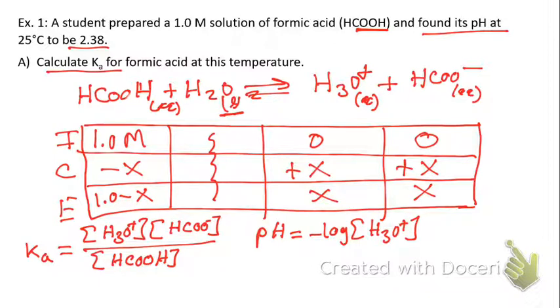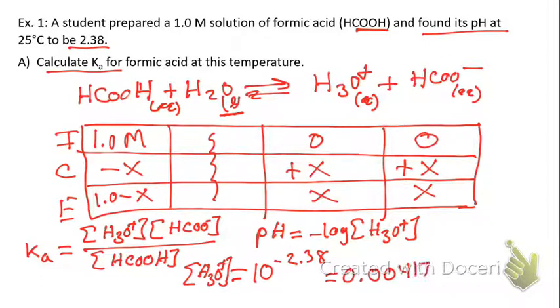So we can solve for the hydronium ion concentration using the pH equation by taking 10 to the minus 2.38. This is going to give us our hydronium ion concentration, and that should equal roughly 0.00417 molar.